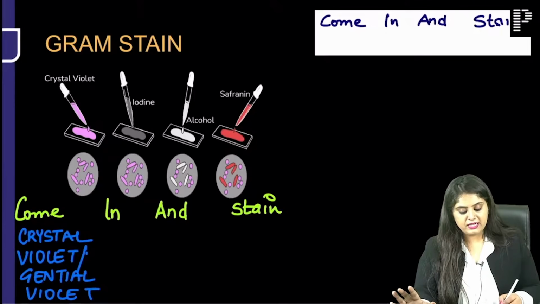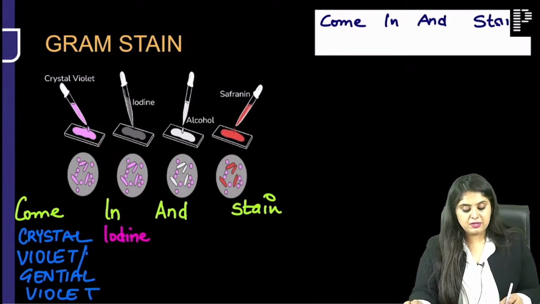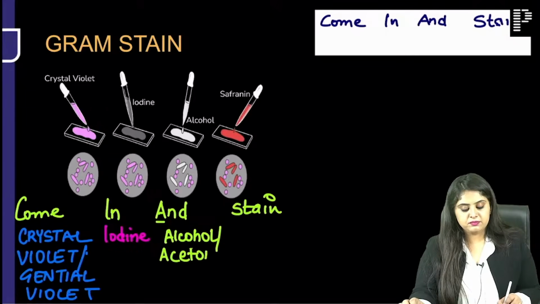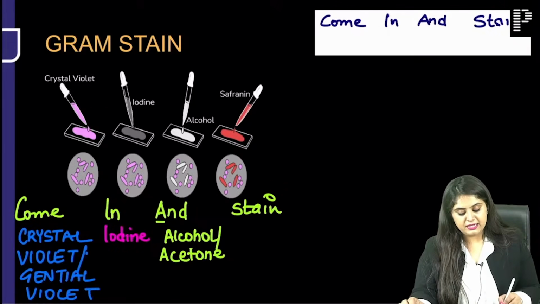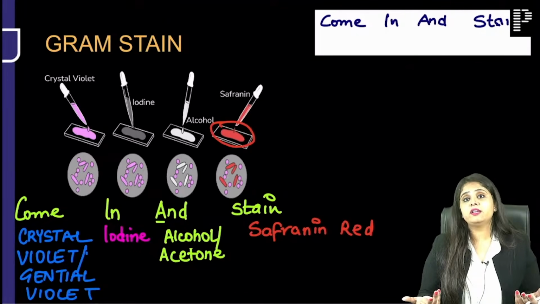Next, what have I added? I have added iodine. The third chemical added is either alcohol or acetone. And the fourth chemical added is something reddish, that is S for safranin red. First, just memorize the chemicals, then I'll tell you their function.